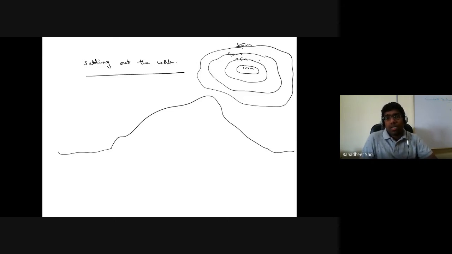This is what I am indicating in the plan for that region, represented in the form of a contour map. Now, let's say this is the point from where I want to start my tunnel construction, and this is the point where I want to come out of it.